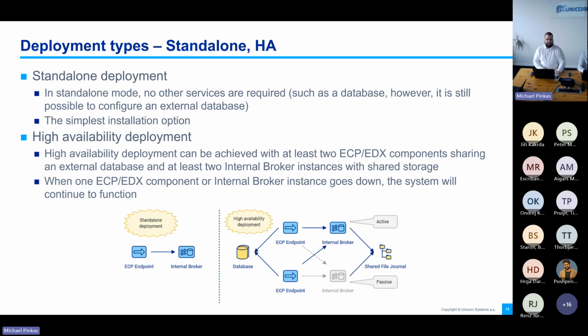The advantage of this is when one node of ECP or EDX goes down, the system will still continue to function. Yeah, but in general, the deployment times are still the same.